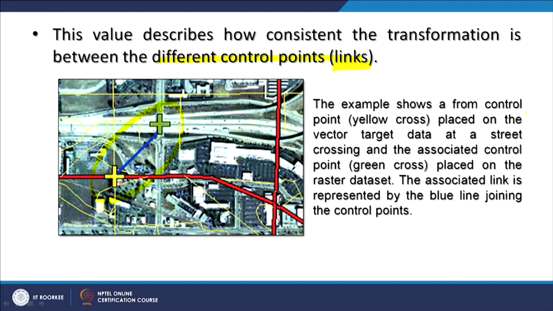The example shows a control point, a yellow cross placed on the vector target data at a street crossing, and an associated control point, a green cross placed on the raster data set. The associated link is represented by the blue line joining the control points. So graphically, the root mean square error is displayed here.